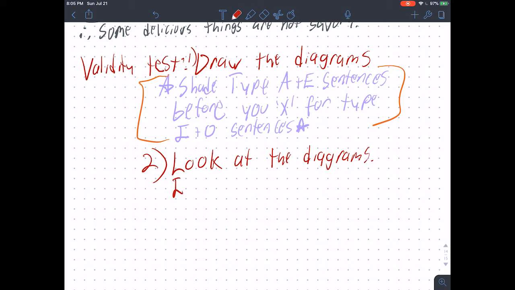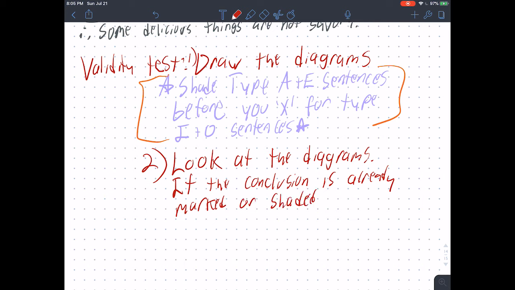And if the conclusion is already marked or shaded, then the syllogism is valid.